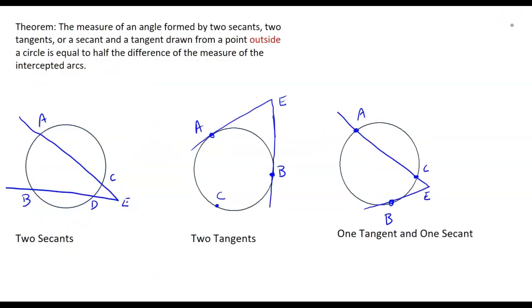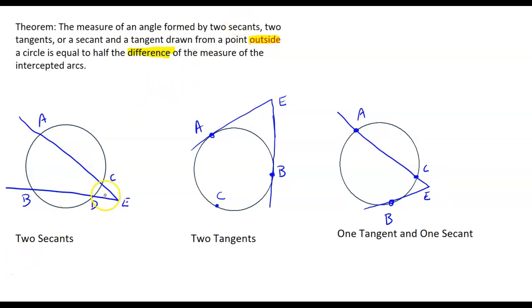Well, what happens when we have an angle formed by secants, tangents, or a combination? All right, here's what it says. It says that the measure of an angle formed by two secants, two tangents, or a secant and a tangent drawn from a point outside the circle is equal to half the difference of the measures of the intercepted arcs.